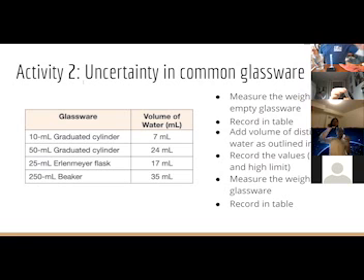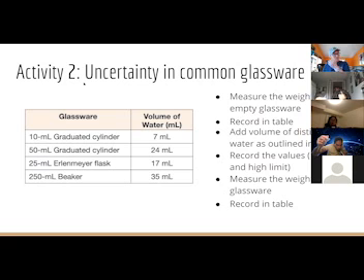Now, what should I have done before I did this? Measure the mass of the cup. There you go. Yeah, measure the mass of my graduated cylinder. Should have done that first. But what I can do is measure the mass of it full and then empty it and then measure that mass.